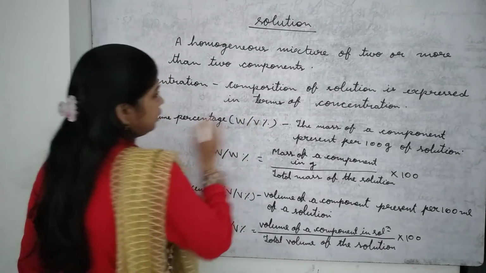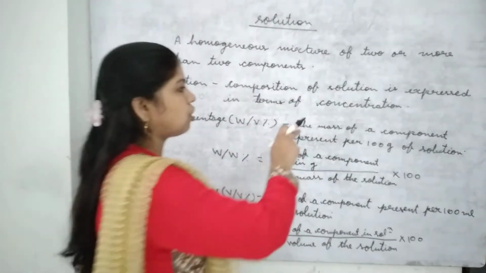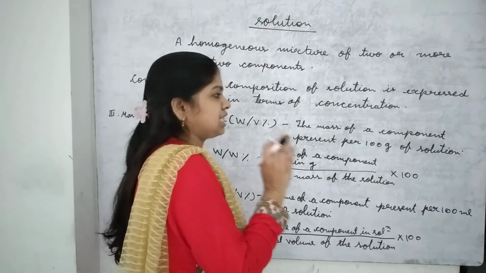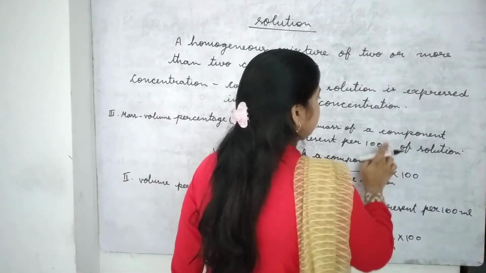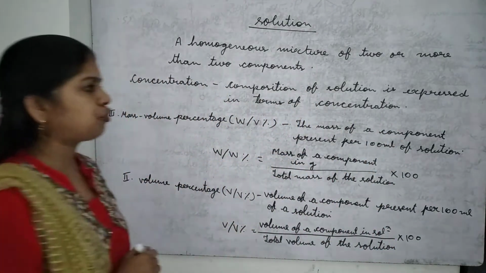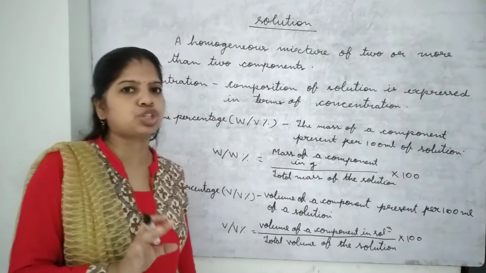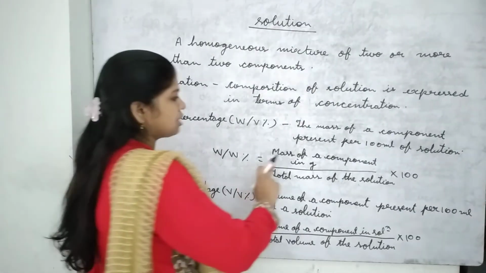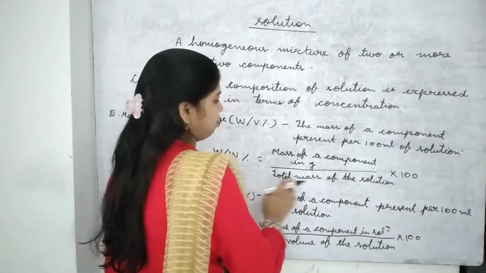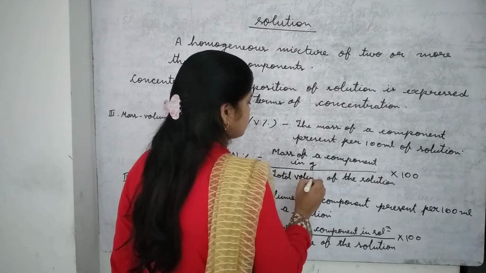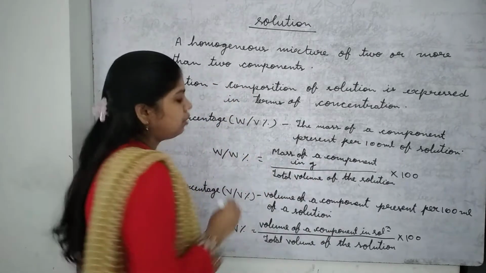That means here we are taking the mass of a component in gram per 100 ml of the solution. After preparing the solution, normally it becomes liquid. So it is mass of a component in gram divided by total volume of the solution into 100.